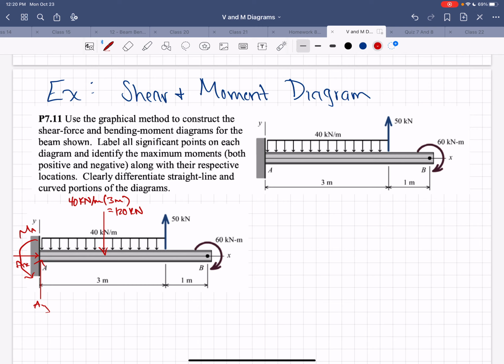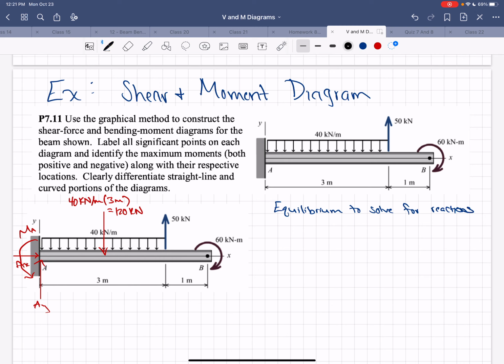So now we can do equilibrium to solve for reactions.